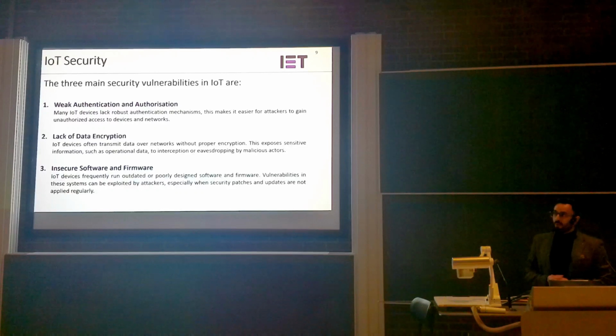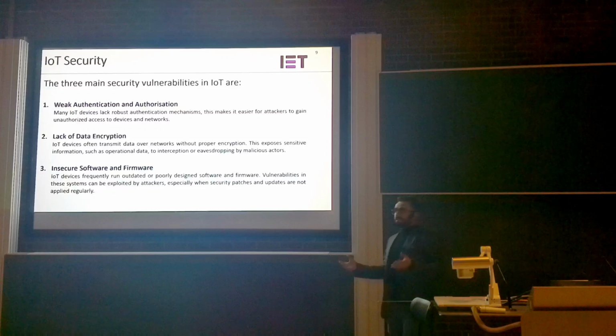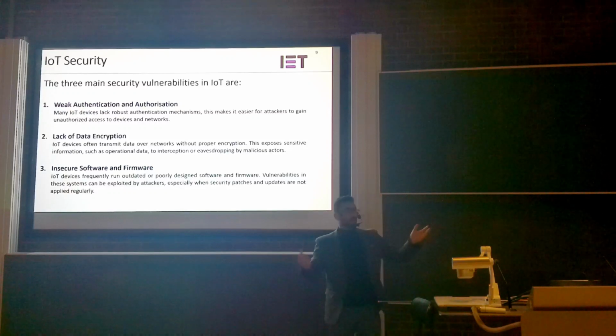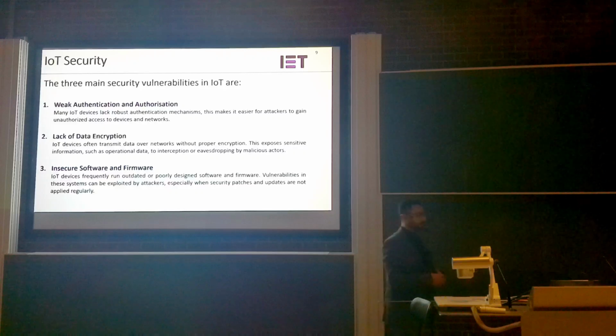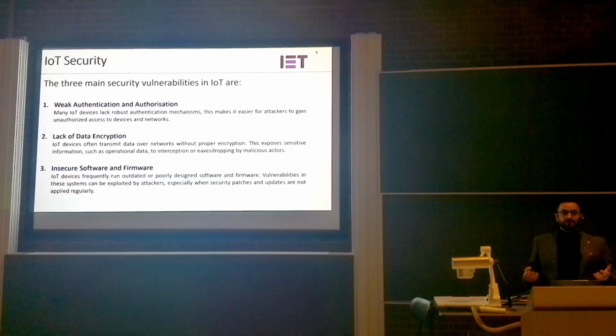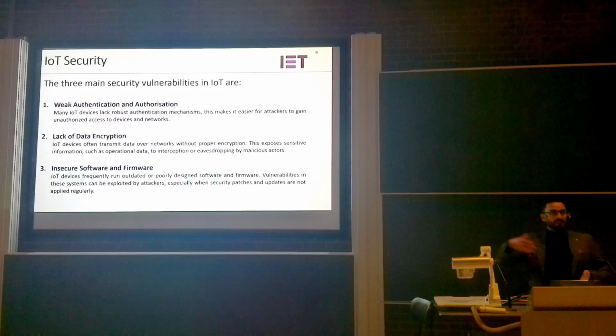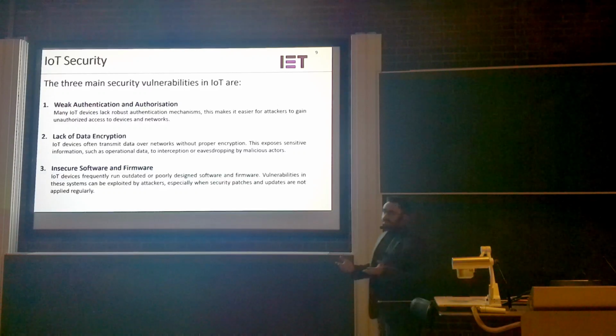Second, lack of data encryption and decryption, so the data generated from the things is not always encrypted. If we have a temperature sensor in this room continuously monitoring the temperature, the data is not necessarily encrypted at the gateway before it gets sent to a specific server.